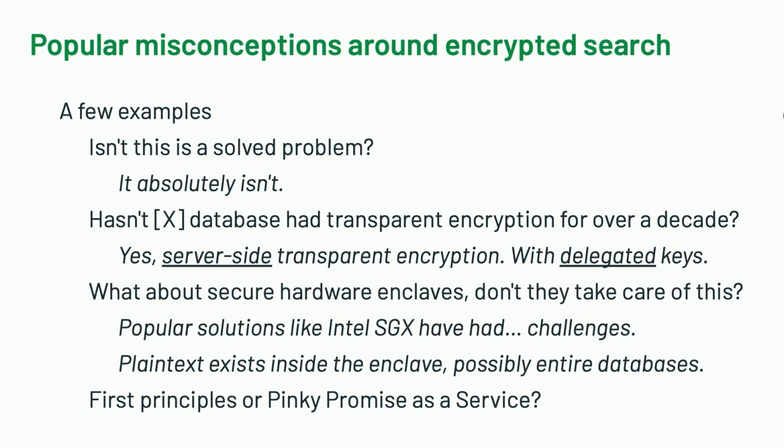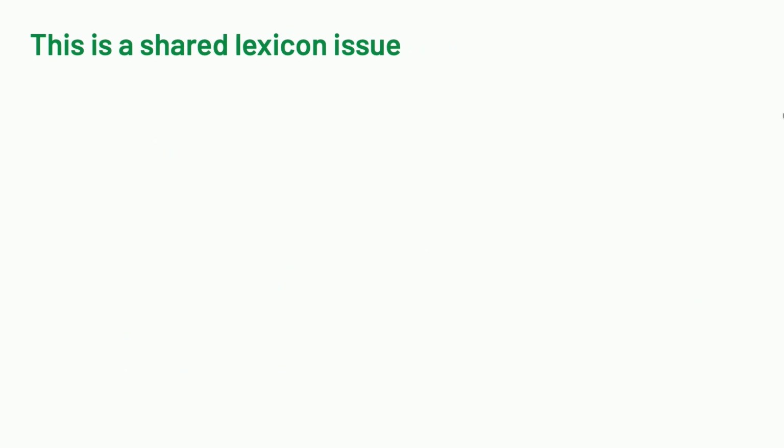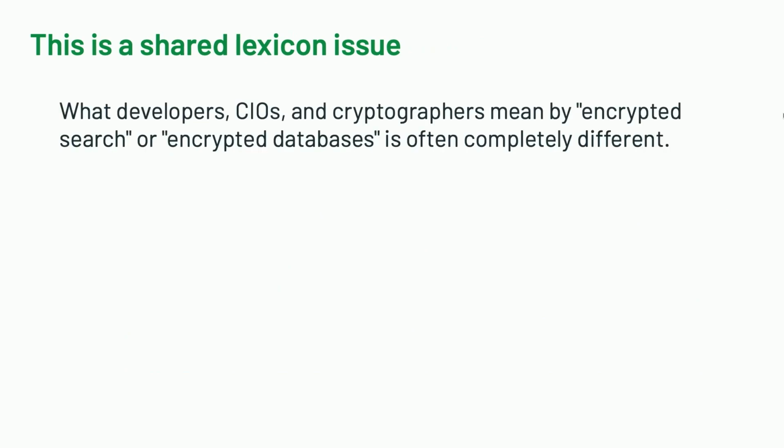So are some of these things hand-wavy? Are they pinky promise as a service? Or are they really getting to first principles? And I think part of this is actually a shared lexicon issue. When CIOs and developers and crypto people talk about encrypted search or encrypted databases, a lot of times they mean something completely different.